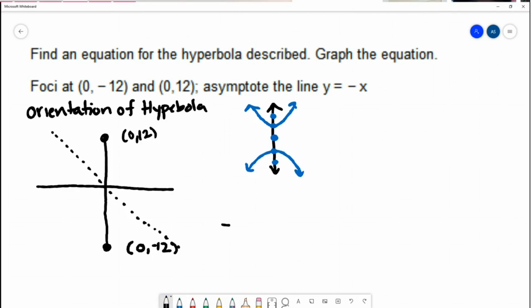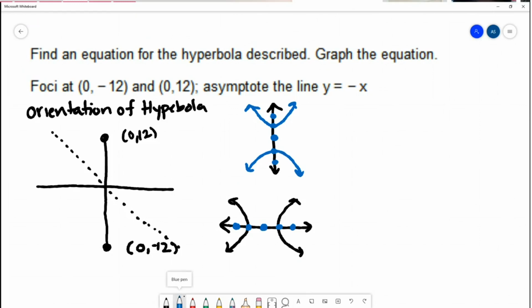Whereas if we have a horizontal transverse axis, the center, the vertices, and the foci will all lie on that horizontal axis, and once again, we would use that vertex as the point that's on the hyperbola.